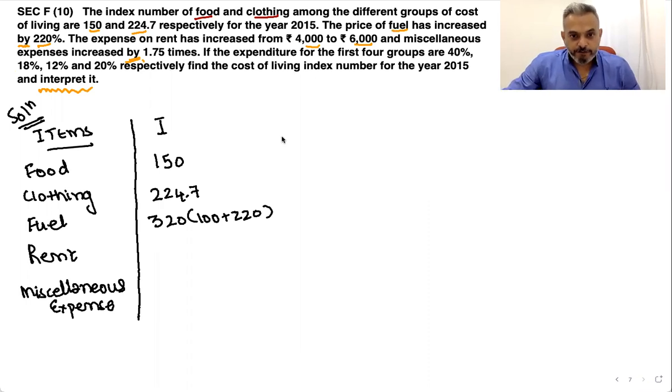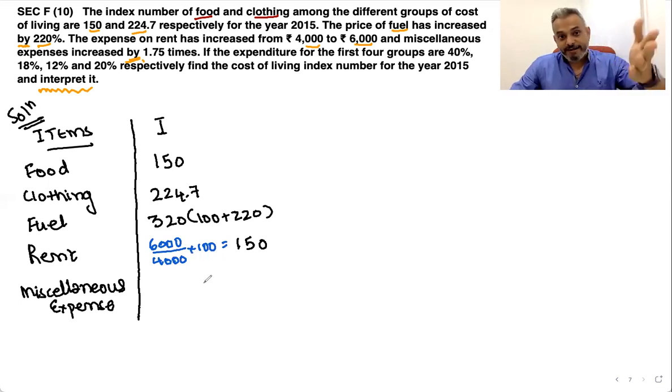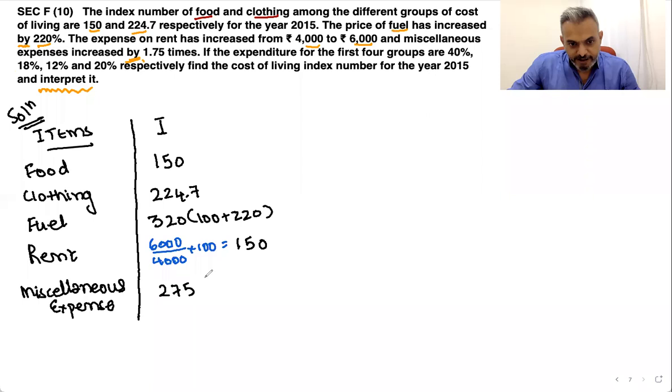So rent will be rent of current year upon rent of base year into 100, which is equal to 6 divided by 4 into 100, which is 150. And then miscellaneous expense increased by 1.75 times, so it will be 275. How? 100 plus 175.